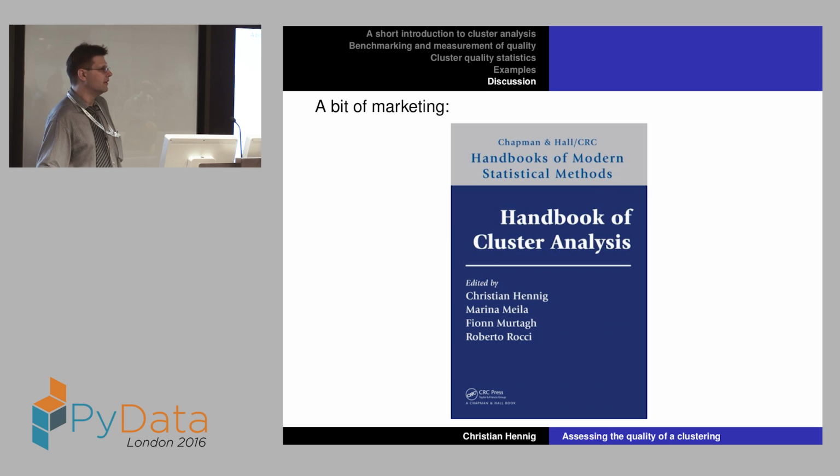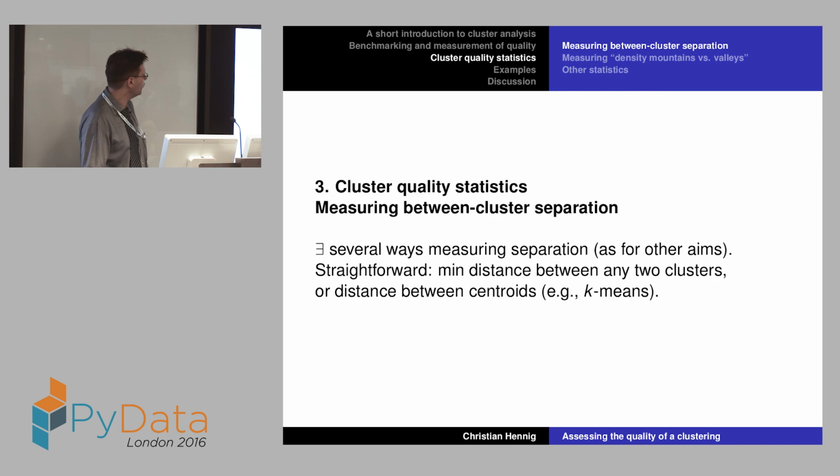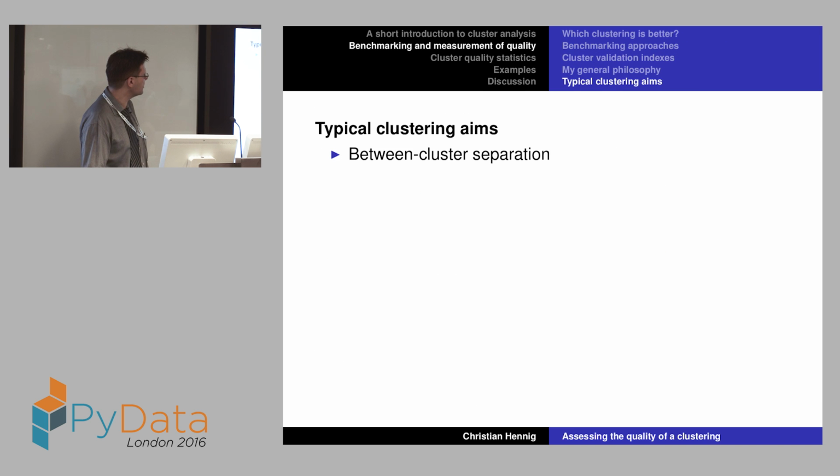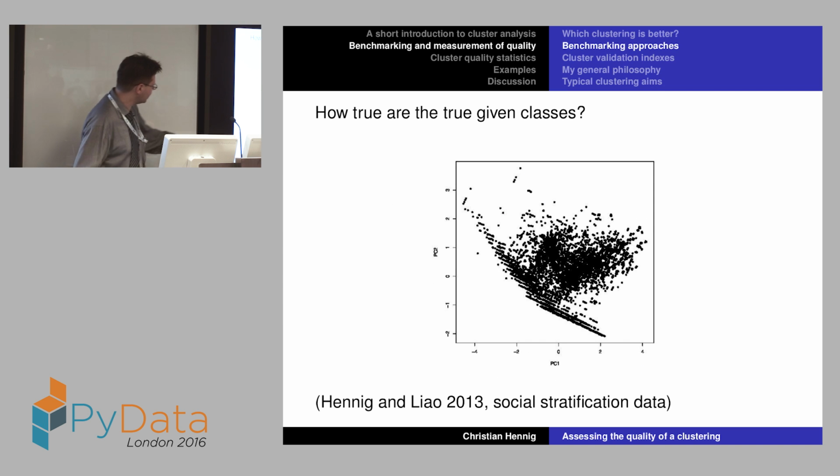So the key thing about this is mixed types of variables, right? You have categorical variables, you have continuous variables. Actually, in this paper, let me bring this up again, where we analyzed the social stratification data, this one. This is a reference that I can give.